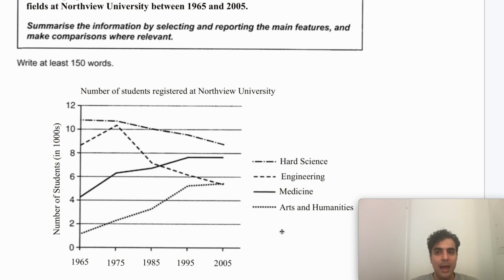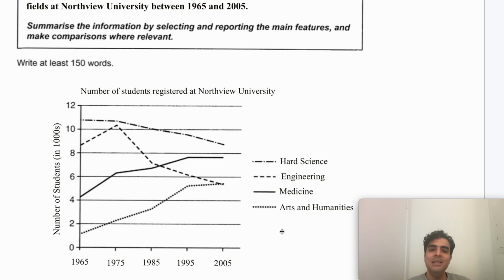How am I going to do that? I'll show you. I could write 1 sentence for hard science where I say the number of students enrolled in the hard sciences decreased from over 10 to above 8,000 students, right? That's 1 sentence and it describes everything.